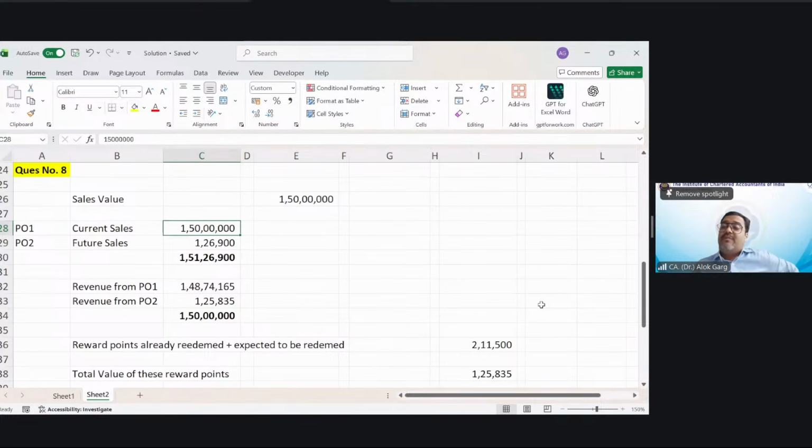I have to provide a service of 1 crore 50 lakh rupees and a service of 126,900. What is this? 2,25,000 reward points multiplied by 60 paisa, multiplied by 75%.